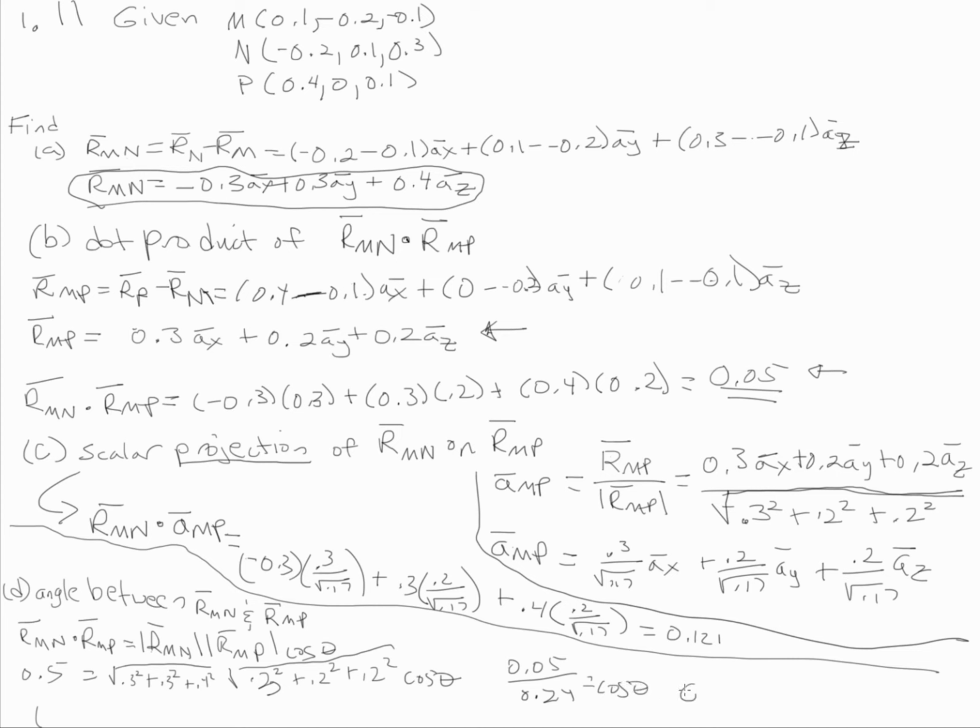And so theta is going to be equal to the inverse cosine of 0.05 over 0.24, which equals, when you punch it in your calculator, 78 degrees. And so that's the last number. And that's the end of the problem.